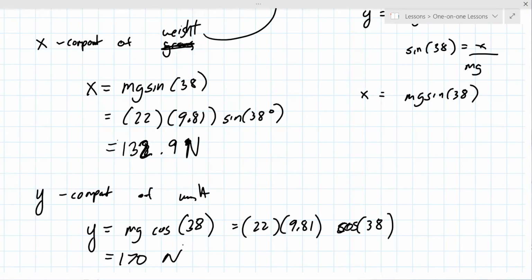I end up getting 170.1 newtons. Good. That's all it's asking for in this problem.